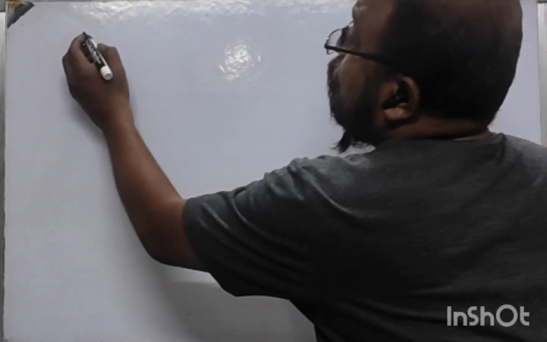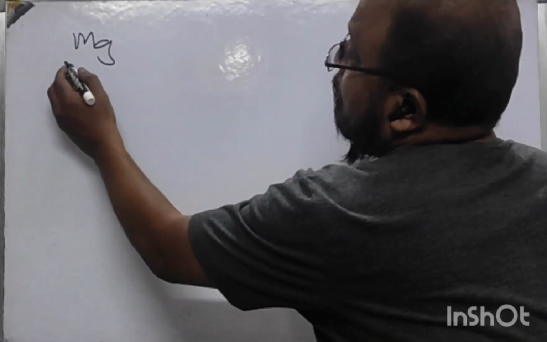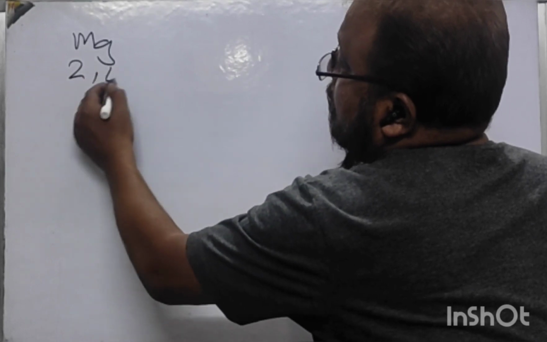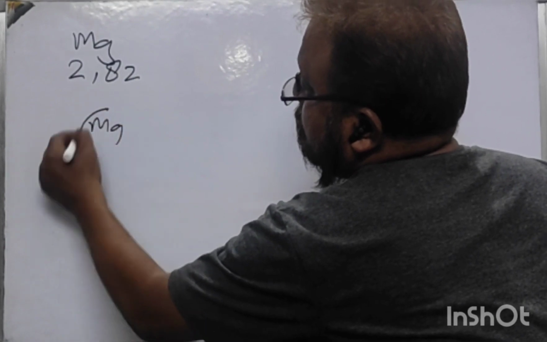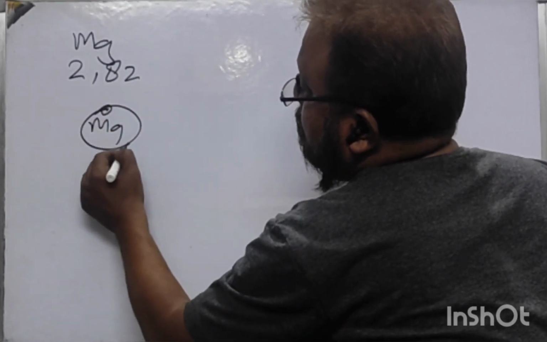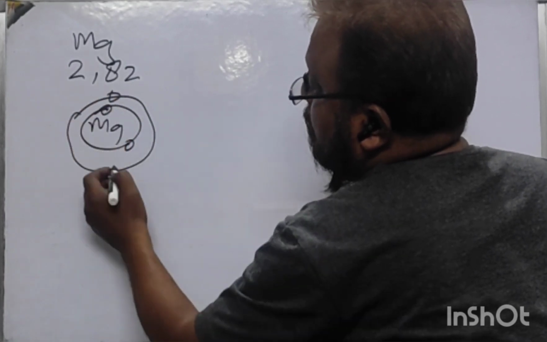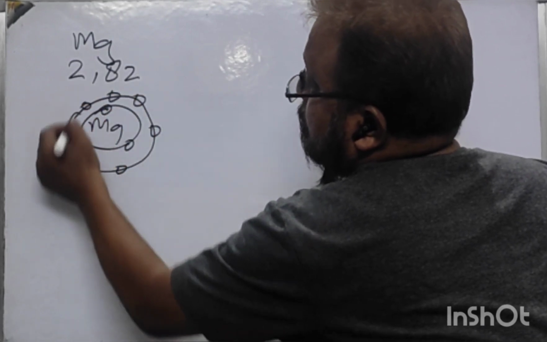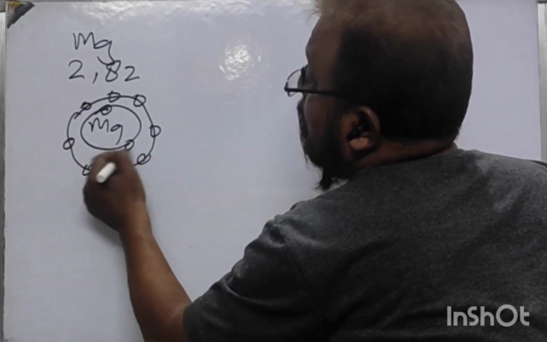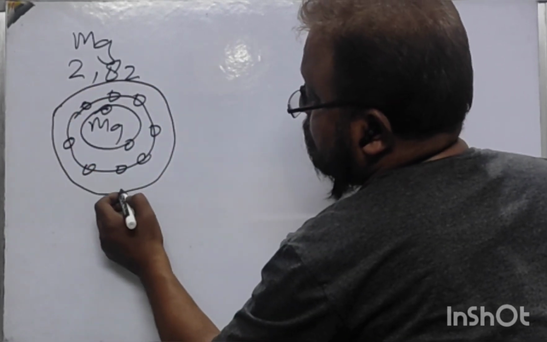Like if we talk about magnesium, magnesium has electronic configuration 2,8,2. So in the inner shell there are 2 electrons, in the middle shell 8 electrons, and in the outermost shell 2 electrons, right?